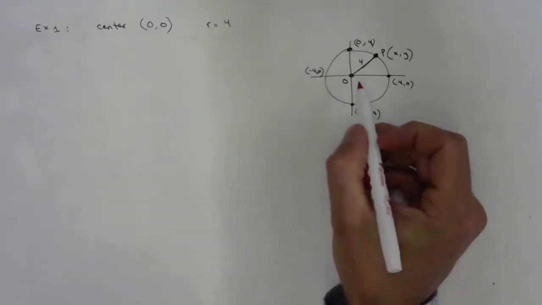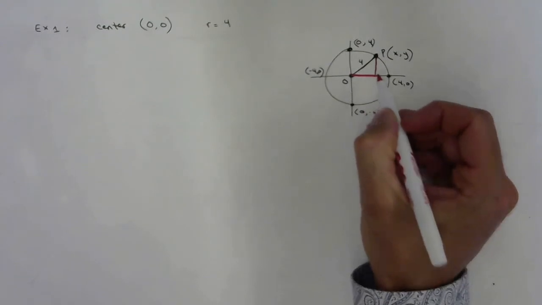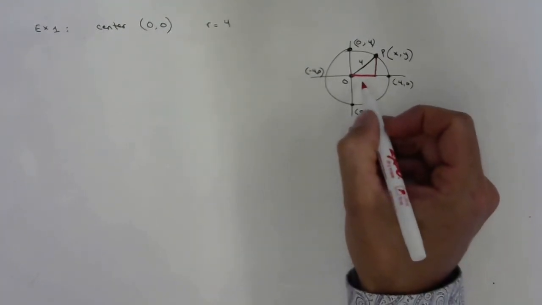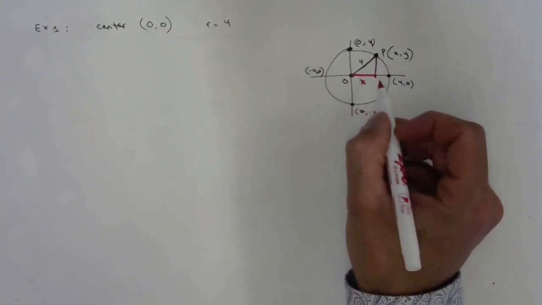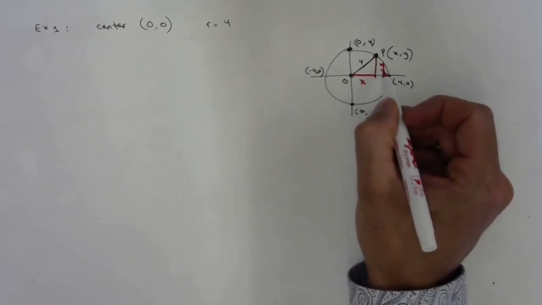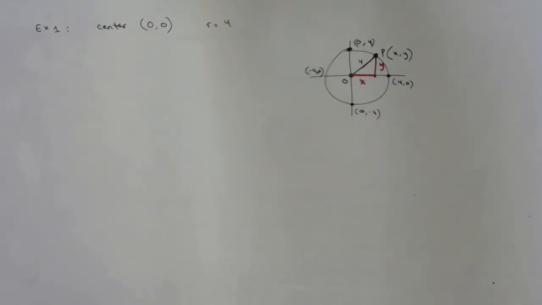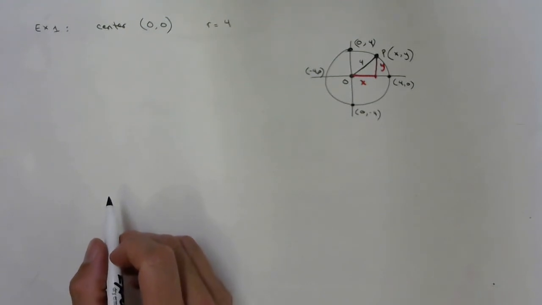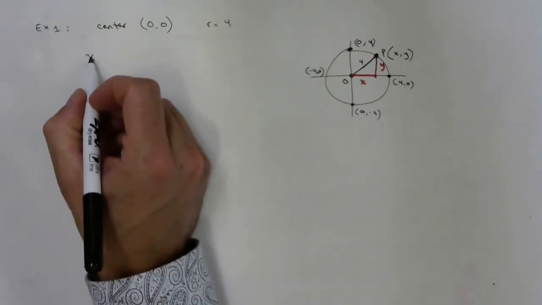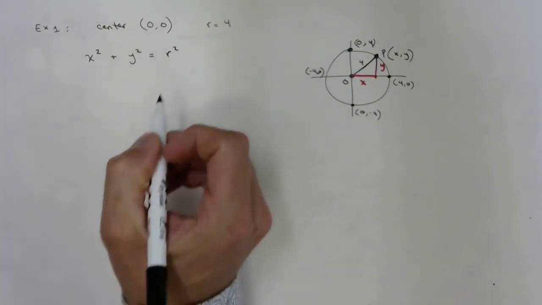So I'm thinking through this and I'm like, oh yeah, here's my right angle triangle. There and there. Okay, what's this distance? Well, this is my x distance, how far I went along my x-axis. And this is my y distance. That's how far I've gone along my y-axis. So what do I know? Well, I know the equation of a circle is x squared plus y squared equals r squared.